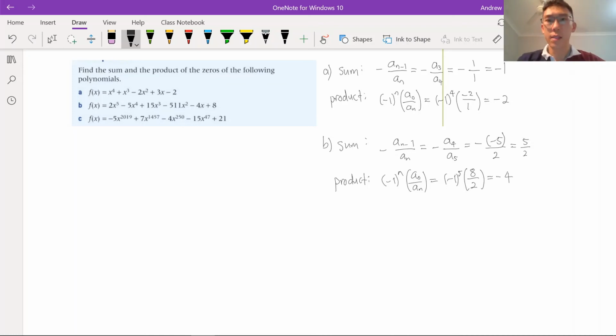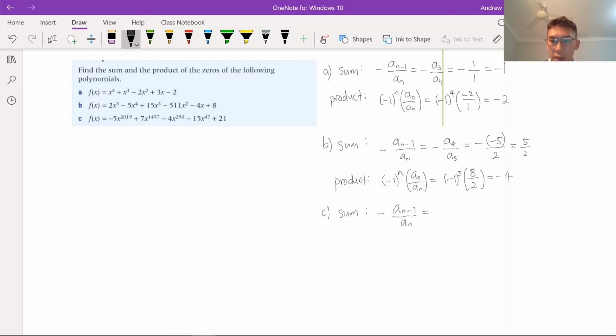And finally, let's have a look at C, see if there's anything else to it. Alright, so this time we have a very big power, 2019, so let's see what happens here. So we've got negative a n take 1 over a n.